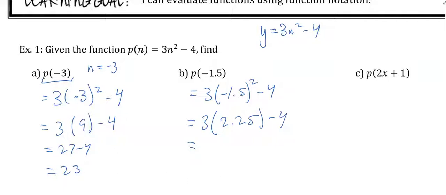BEDMAS, exponents first, then I multiply, so times 3, that gives me 6.75. And minus 4 gives me 2.75. Everybody okay with that? It's pretty straightforward. Remember the notation.